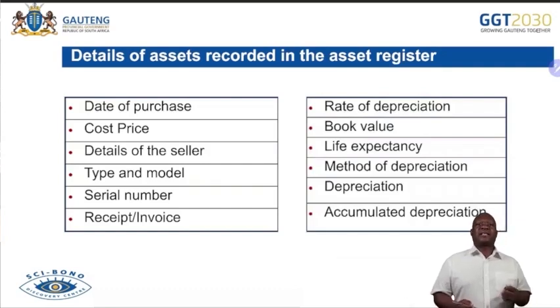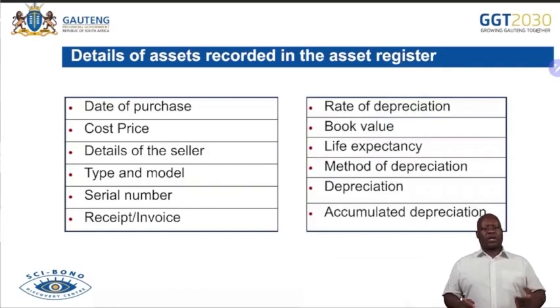So you see there are some assets that we may say, oh, there is no model for this, or there's no serial number for this. Let's look into an asset such as a chair, for example. Now, every business, or modern businesses, if you get into their offices, they might have things such as a chair.